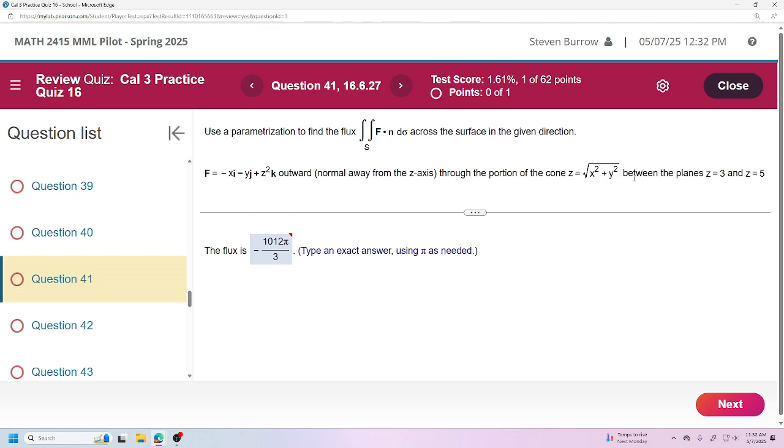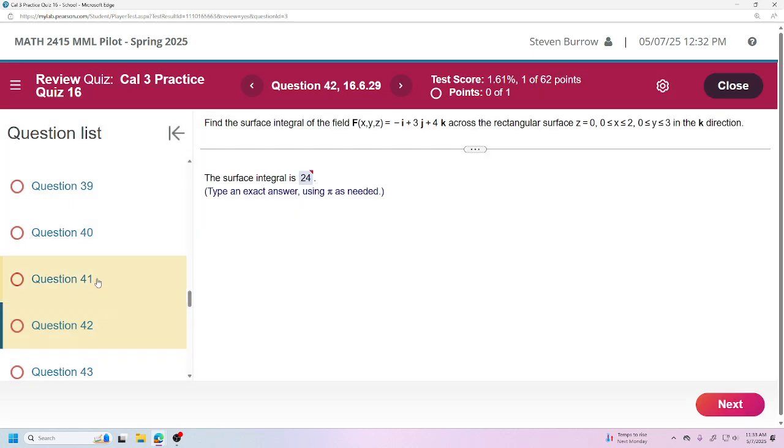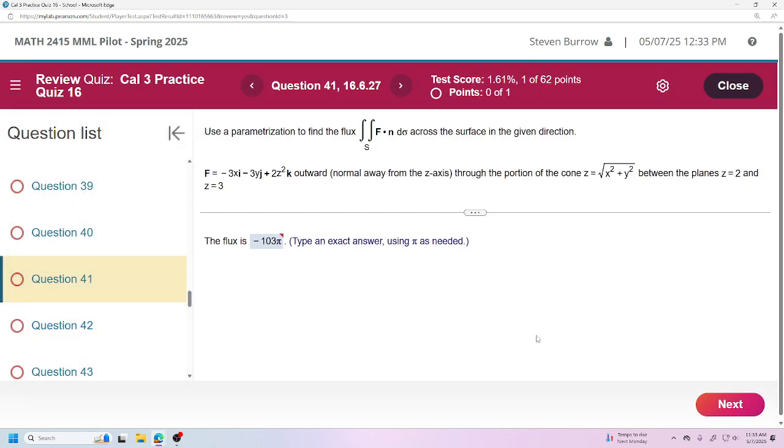So yet again, planes, this and that. There's your outward part again. I don't know if I would go polar on this one because we got these guys. No, that would be fine. Oh, well, heck. I'm hearing just partial credit.